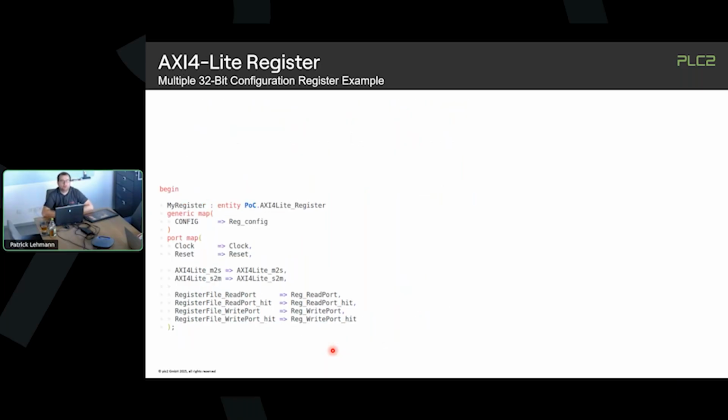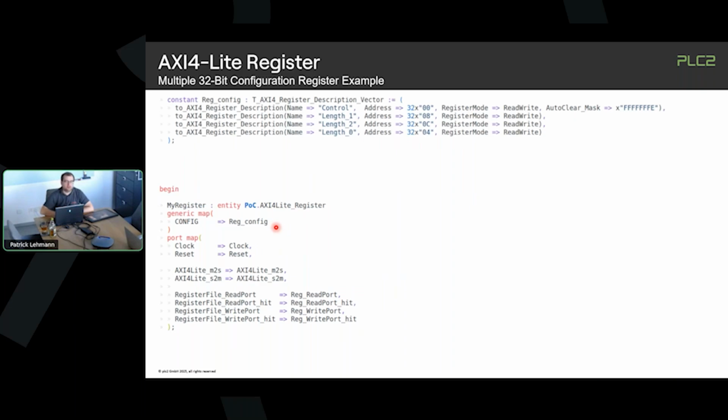For a little bit more complex configuration, let's take the same register, but this time I'm using a constant to help me here with a more complex configuration pattern. So let's set up our register configuration, which is this register description vector. And this is now an array composed of multiple calls to to_axi4_register_description, our configuration.